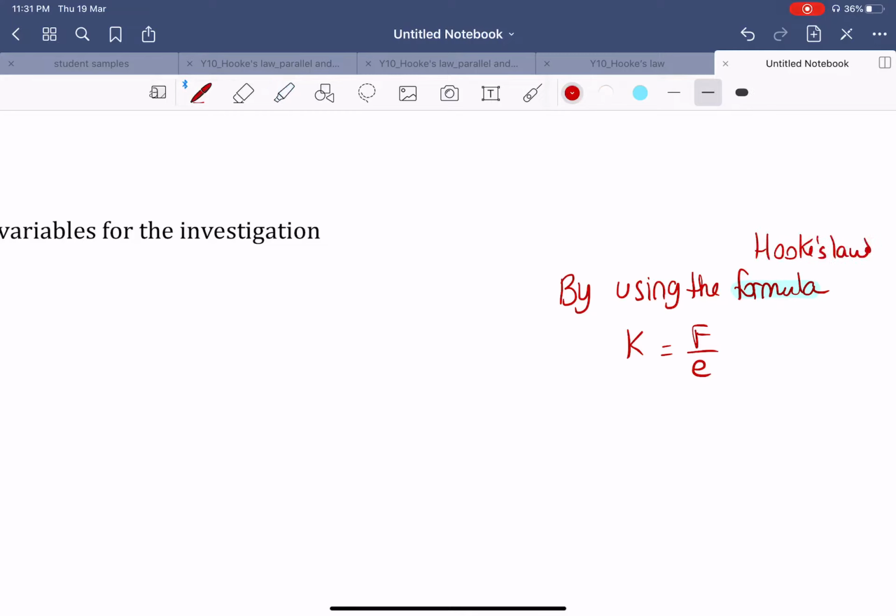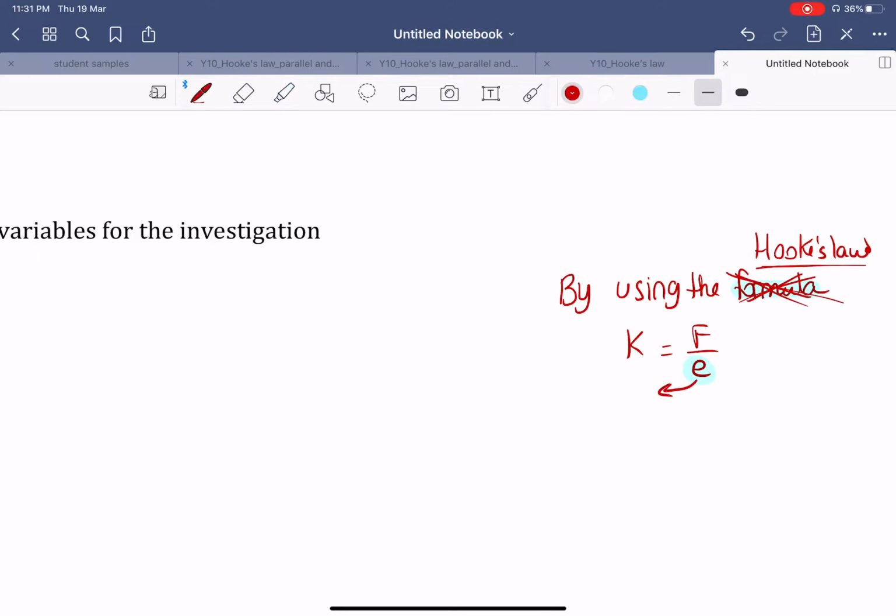So to be more specific and scientific, you don't say just using the formula. When the formula doesn't have a name, say by using the formula, but when the formula has a name or has a law related to it, then you need to state the law. So using Hooke's law. And as someone reading your report, I would be extremely confused about what this means. I have no idea what that means.